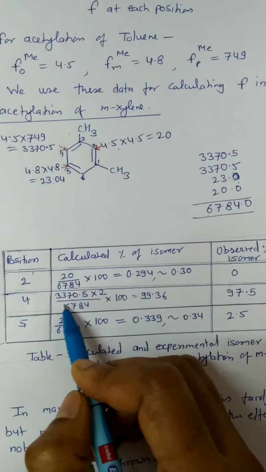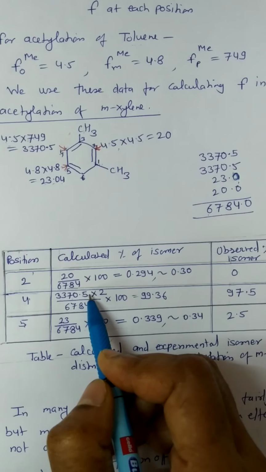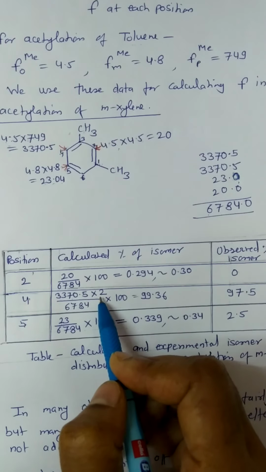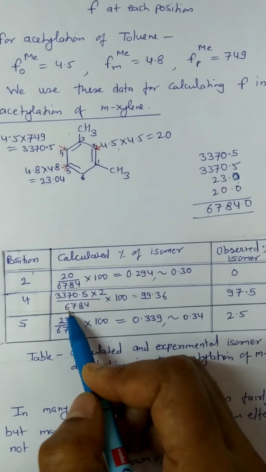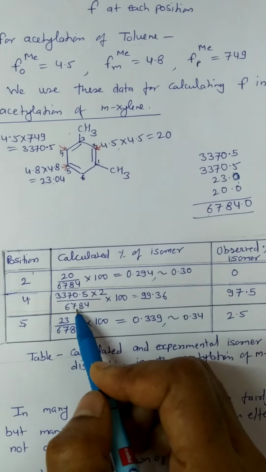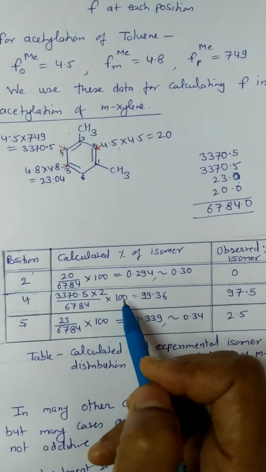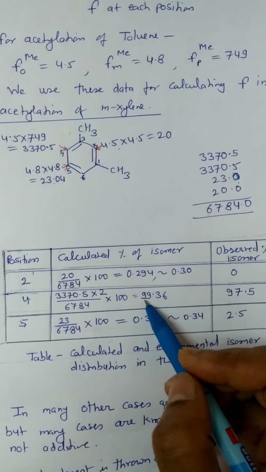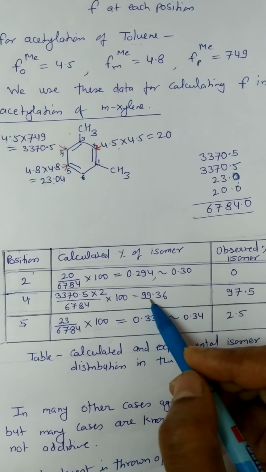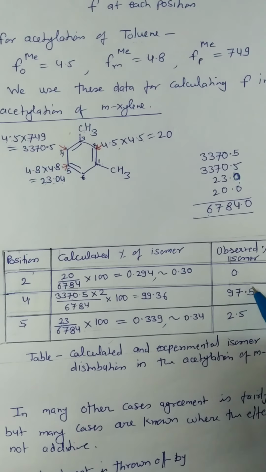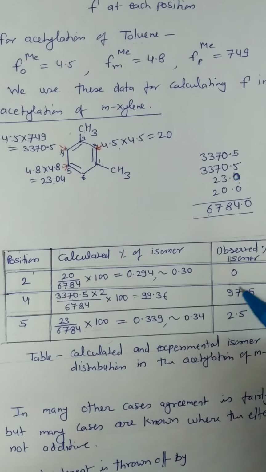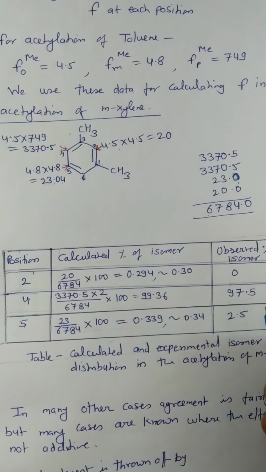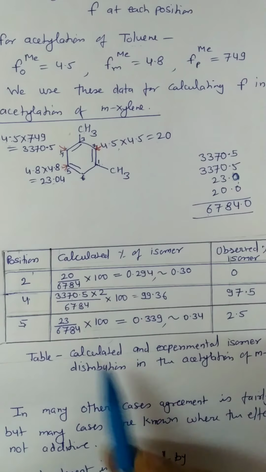At position 4, 3370.5 into 2, since there are 2 positions of this type, upon 6.7 at 4 into 100, and we get 99.36. This is the calculated value, and the observed value by experiment is 97.5, which is near about this value.